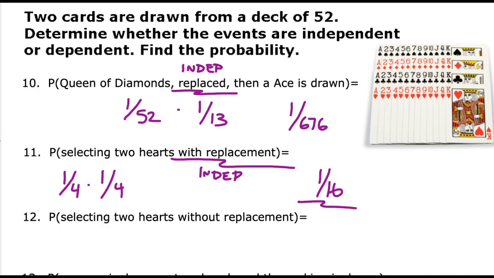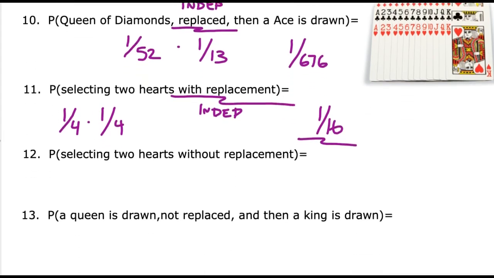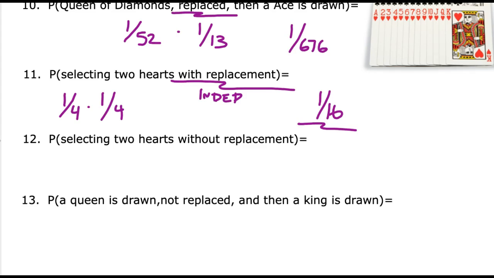All right, probability of selecting two hearts without replacement. Now this gets a little more interesting. Without replacement means that we're talking about dependent probabilities. And so the second draw is going to be slightly different because we did not replace the first one.